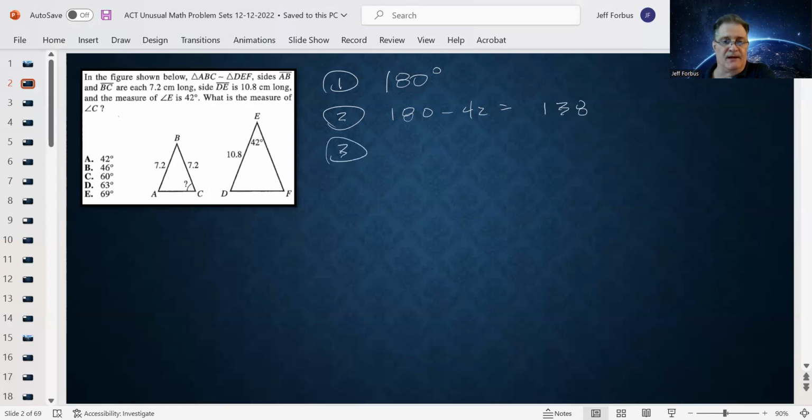Now, with that 138, since both angles DF and AC will be the same, we can divide that by 2. When you divide 138 by 2, you get 69 degrees. So therefore, angle C is equal to 69 degrees, which is answer choice E.